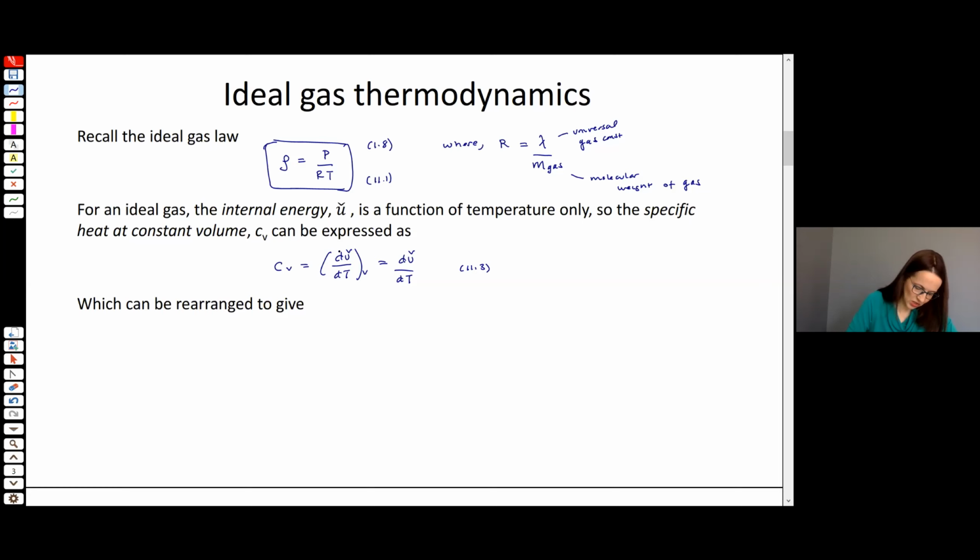So here we're changing the partials after the first equal sign to total derivatives after the second equal sign, because the internal energy is only a function of temperature. There's nothing else that you could take its derivative with respect to, so we can do this. All right, we can rearrange this and integrate it.